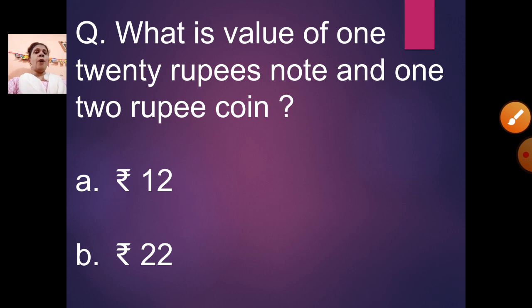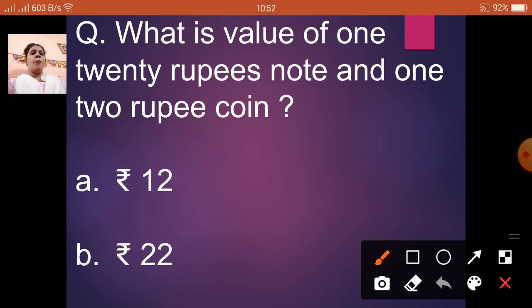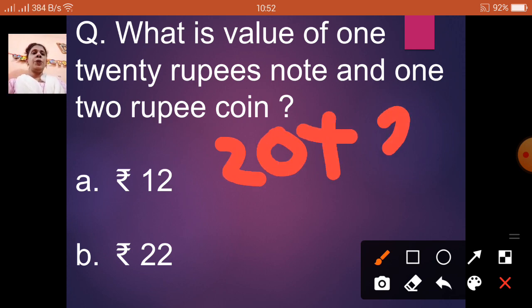What is the value of one 20 rupee note and one 2 rupee coin? Now children, I am having one 20 rupee note plus a 2 rupee coin. What will be the total amount that I am having? 20 plus 2 will be option A, rupees 12, or option B, rupees 22.